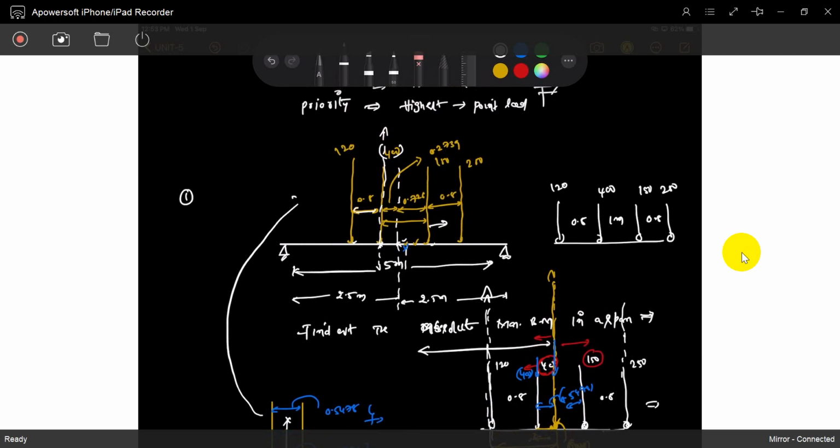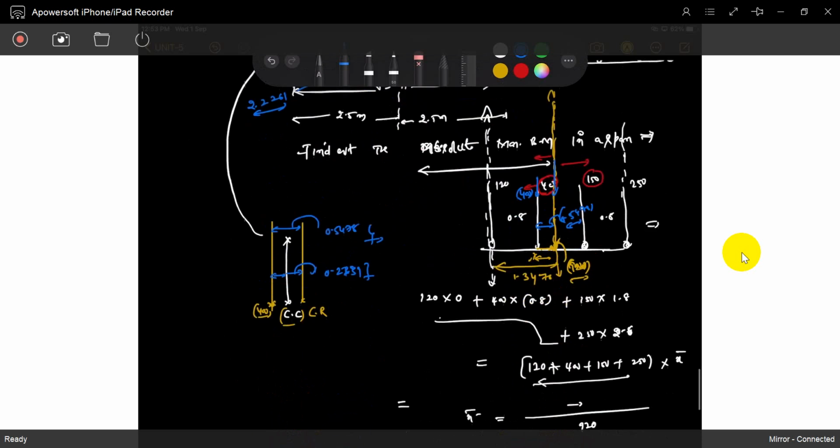See, this total is 2.5. 2.5 minus 0.2739, so the depth of the section is 2.2261. Then 5 minus that answer, the remaining is 2.7739. So we have to draw the ILD for that section, not the center section.